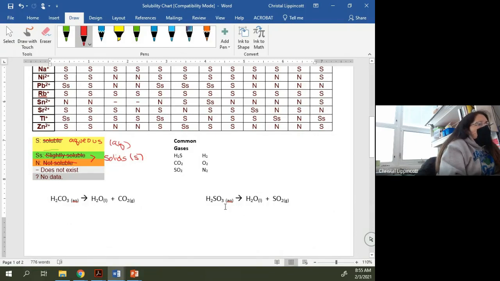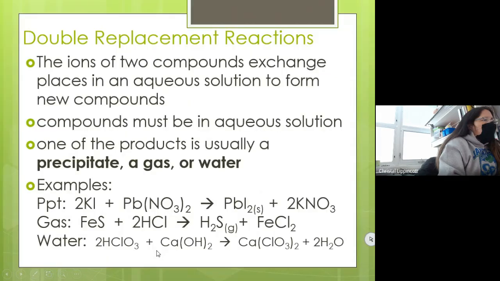If both of our products end up being aqueous, then nothing has changed. And so we don't have a reaction that actually happened. And so that's why you have to check this solubility chart. And I'll explain that as we go through the examples here about why that's the case.